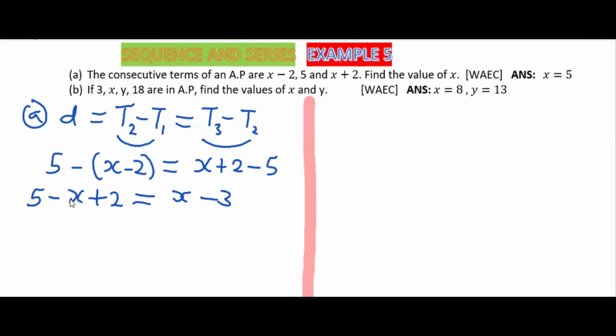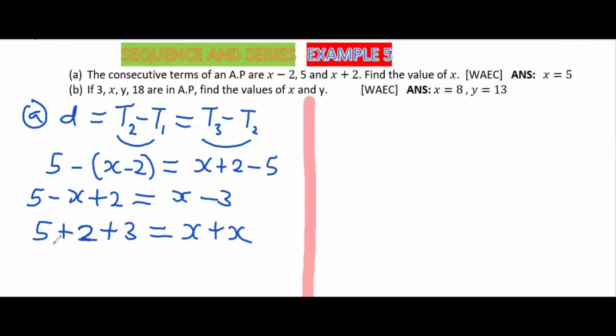Let me move all terms in x to the right and other figures to the left. So I have 5 plus 2, and I bring this negative 3 to the left. It becomes positive 3 equals to x. I move the negative x on the left to the right, so it becomes plus x.